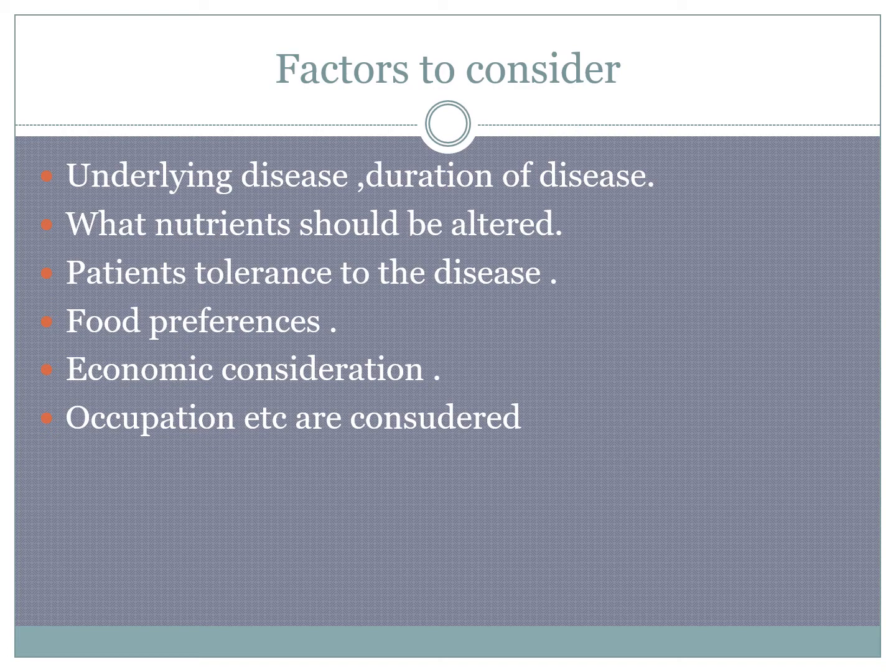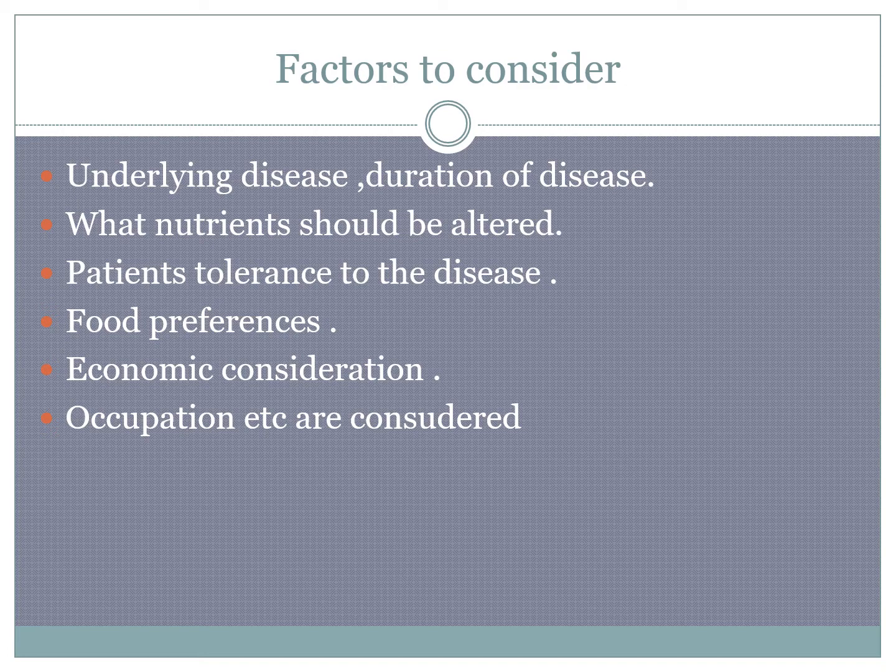So other factors, before you plan the diet for the individual, certain factors need to be considered. So what are those things? Firstly, you have to understand what the disease is. Whenever you plan the diet for the client, you need to have thorough information about the disease of the person.